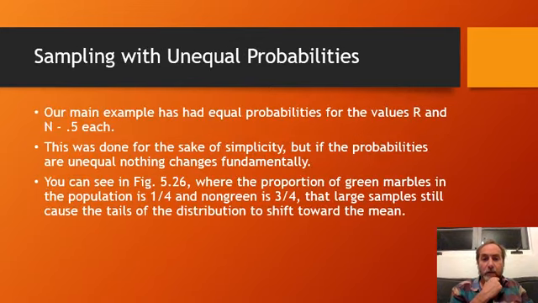Okay, so our main example so far has been with equal probabilities for R and N. Each was 0.5. This was largely done for the sake of simplicity, simpler calculations. But if you have different probabilities, like 3/4 R's and 25% non-reds, nothing fundamental would change.